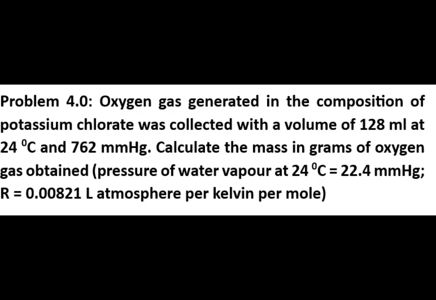Then, from the ideal gas equation, PV equals nRT, present n in the relationship of mass and molar mass and substitute into the expression to make the mass of oxygen gas the subject of the formula. Finally, evaluate to obtain 0.164 gram as the mass of oxygen gas.